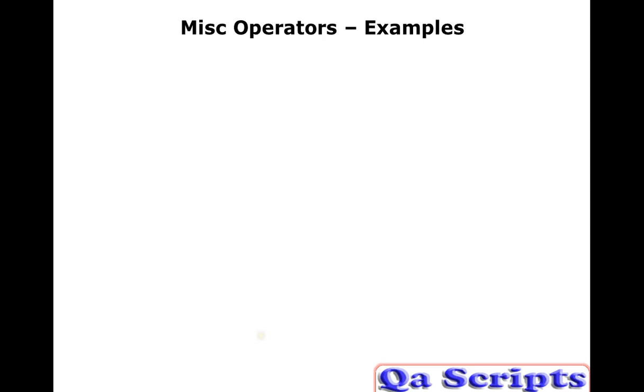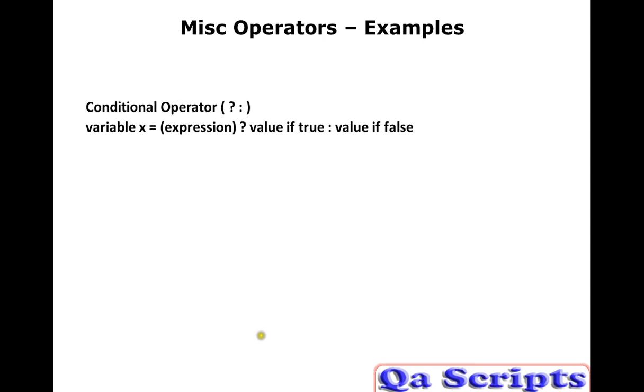Last but not the least, the miscellaneous operator. Here it has one operator called the conditional operator, and here is the syntax, where we have a variable of any type equals an expression, then there will be a question mark.